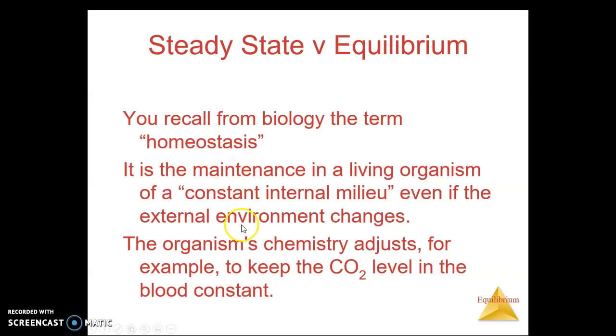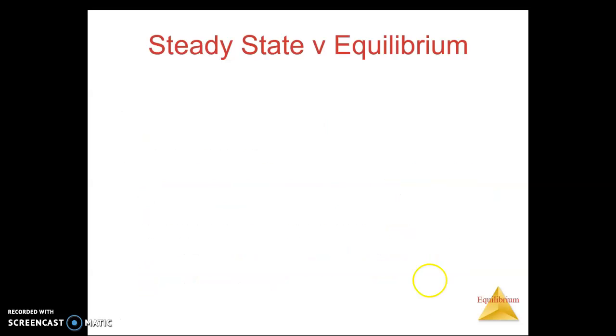So, another way organism chemistry adjusts, your CO2 level in your blood has to stay pretty much constant. There's very little fluctuation in that, and you have a chemistry that adapts to make that happen. We'll see when we get to buffers some of that working in your body.